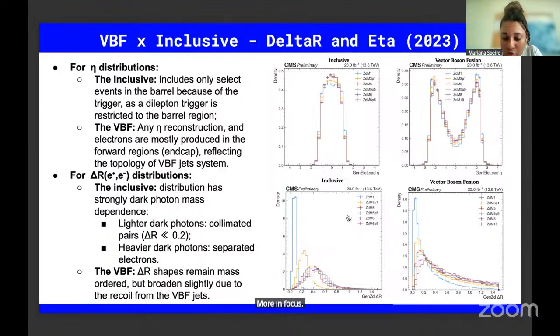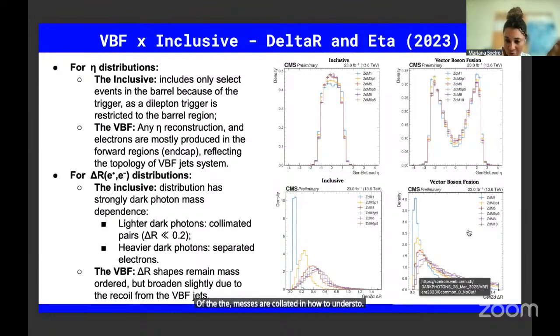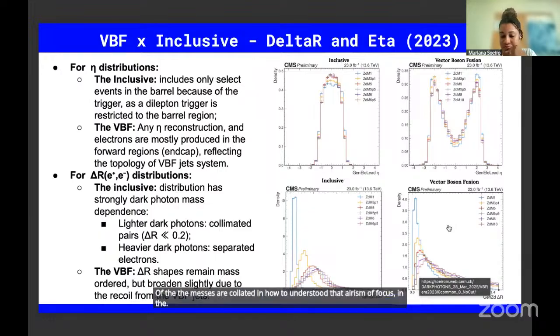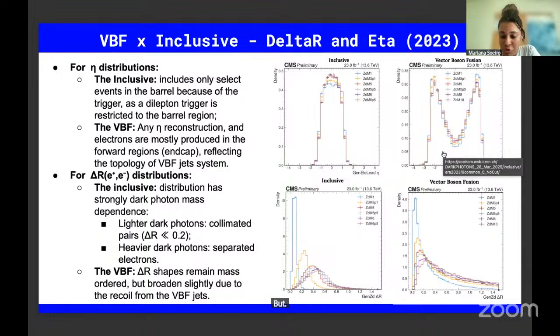Trying to understand the delta R, in the inclusive part we saw particles with smaller masses more collimated, and in the VBF all of the masses are correlated, and how to understand that has been my focus in the last 5 or more years. But I haven't had much opportunity to work on that. It is something I'd like to work on.